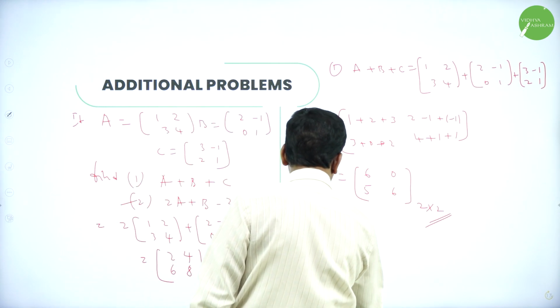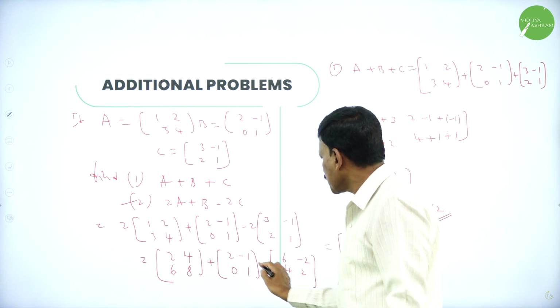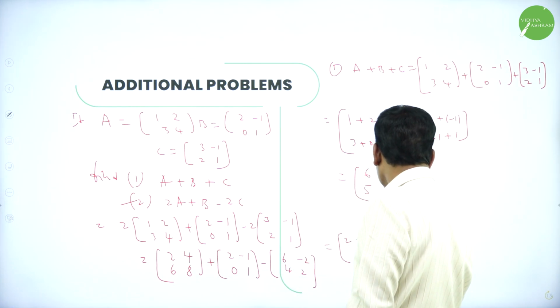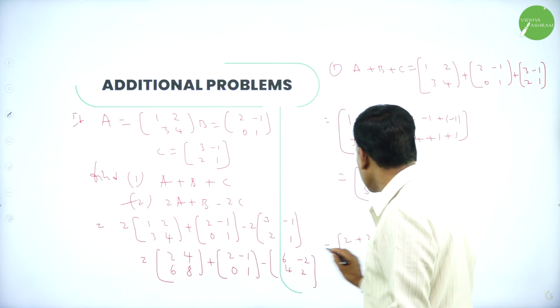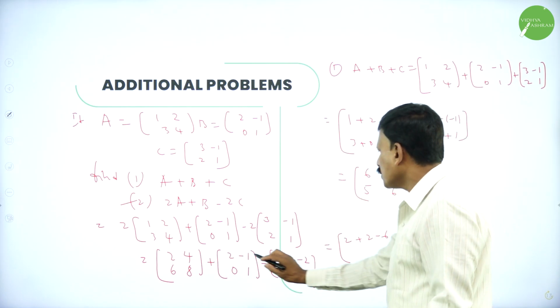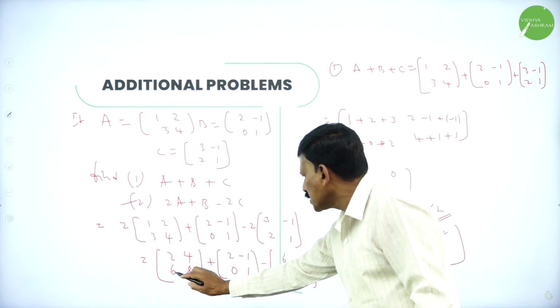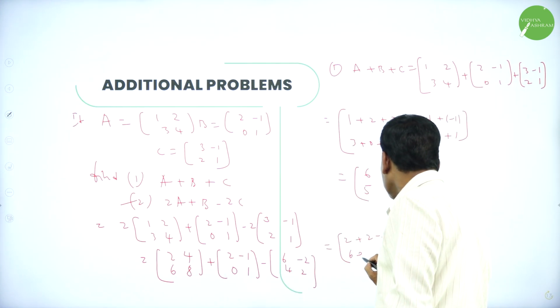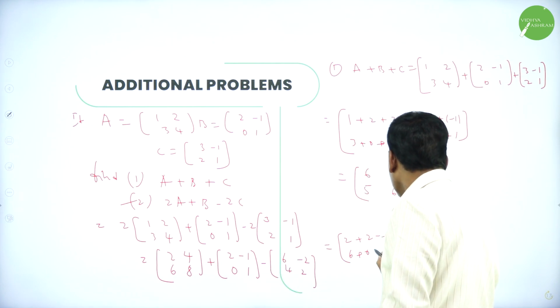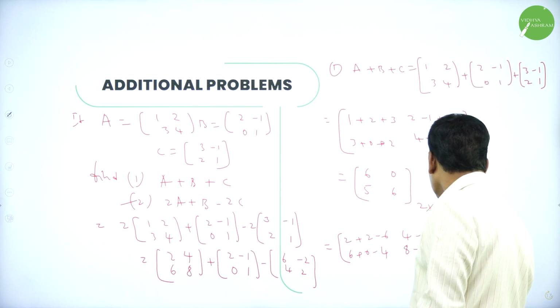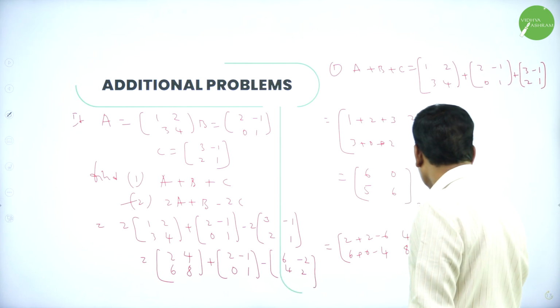Now the same operation. This is plus and minus: 2 plus 2 minus 6. Again 4 minus 1, minus of minus is plus 2. Again 6 plus 0 minus 4. Then 8 plus 1 minus 2.